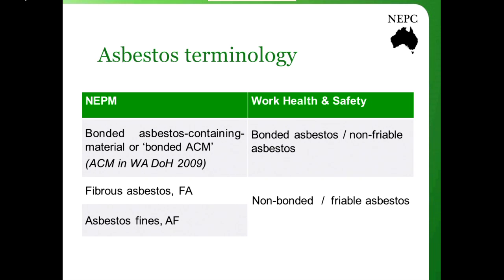And there were various comments about confusion on terminology. So I put this one in. It does talk about, in Schedule B1, the two terms, and if you're talking to an occupational hygienist or somebody with a strong work health and safety background, they may be using slightly different terms.